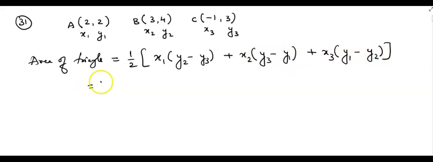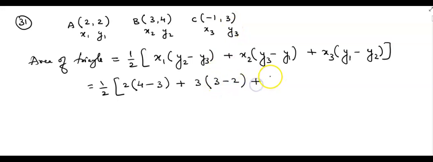Now substitute the values. Half into x1 is how much? 2 into y2 is 4 minus y3 is 3, plus x2, 3 into y3 is 3 minus y1 is 2, plus x3 is minus 1 into y1 is 2 minus y2 is 4.